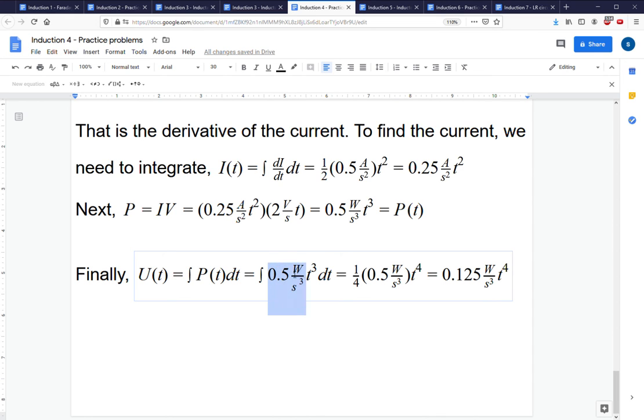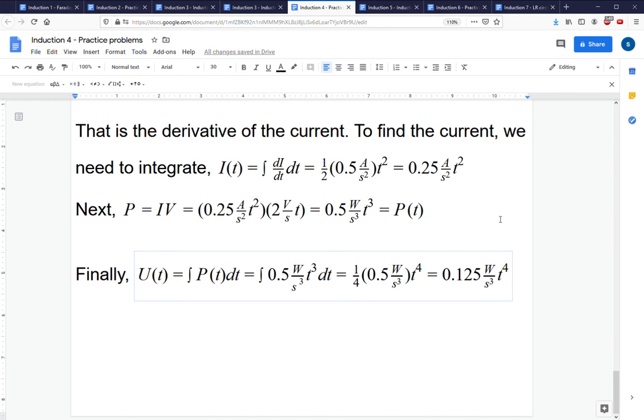So integrating 0.5 watts per second cubed t cubed dt, that's a constant, so we can pull that out. We're integrating t cubed dt, which we increase 3 to 4, and then divide by 4, so 1/4 times 0.5 watts per second cubed times t to the 4th power, or 0.125 watts per second cubed t to the 4th power.